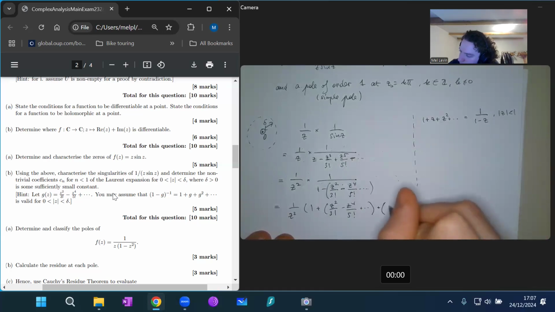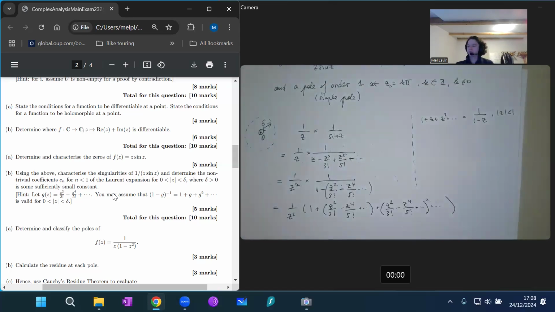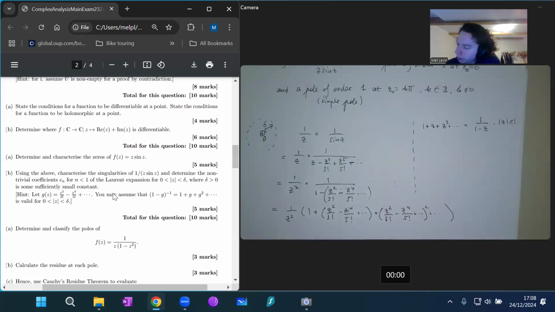And then we'll have that thing squared and so on, which looks like a big mess, but not to worry, because the question only asks for the coefficients of the Laurent expansion for n strictly less than 1. So that means the constant terms and the negative power terms.